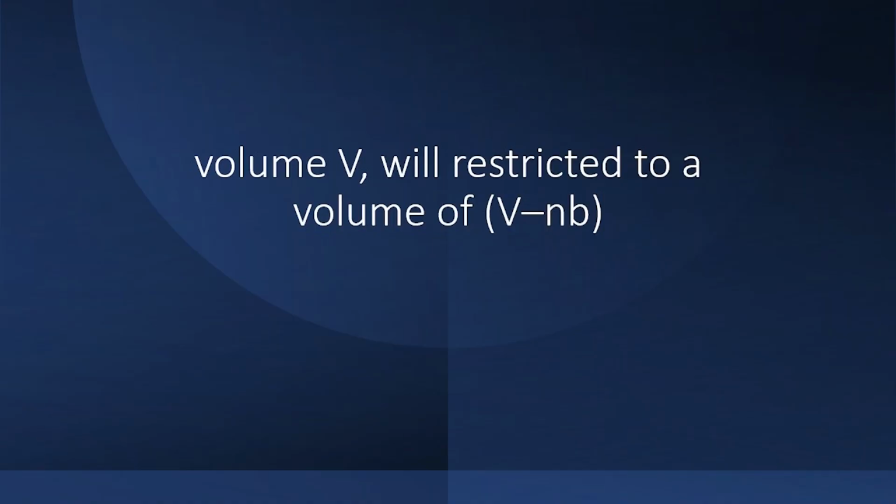The volume occupied by the molecules also becomes significant because instead of moving in the volume V, they are now restricted to move in a volume of V minus nb, where nb is approximately the total volume occupied by the molecules themselves. Here we can say that b is a constant.